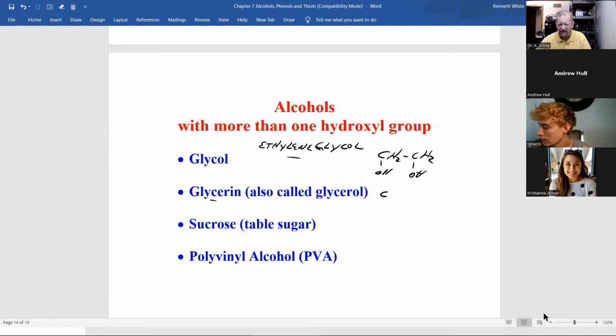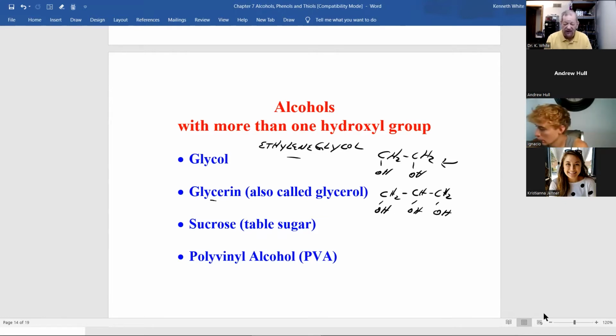Oh, by the way, I should point out, ethylene glycol is highly poisonous. That's why antifreeze is colored the way it is, so you know not to drink it and think it's water, because you'll die. Now, this is glycerin, and that's a molecule with 3 hydroxyl groups, and glycerin is safe.